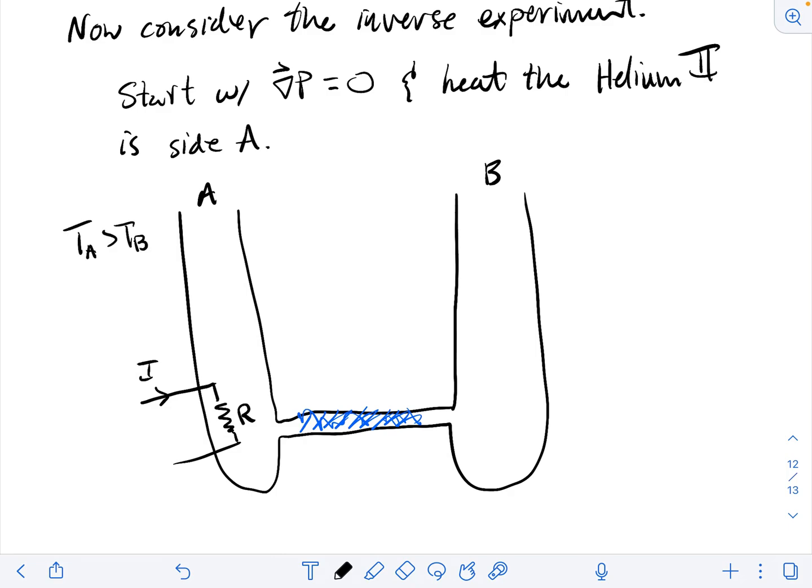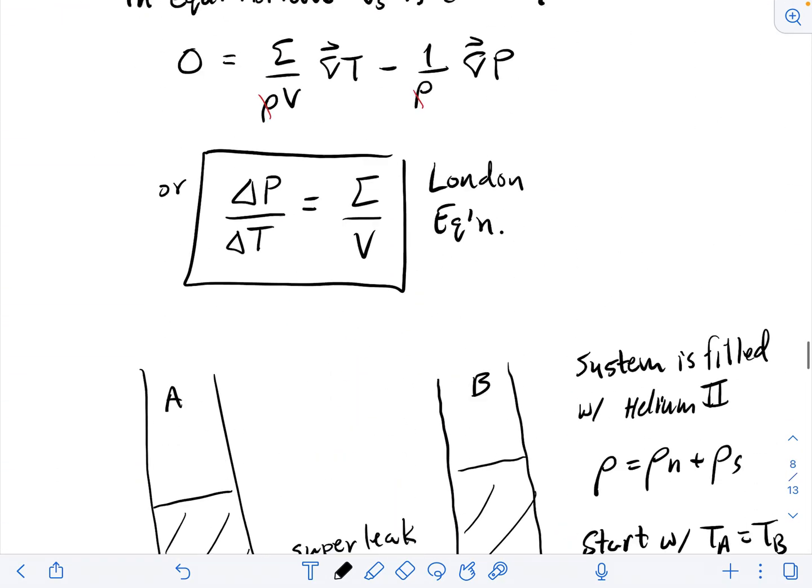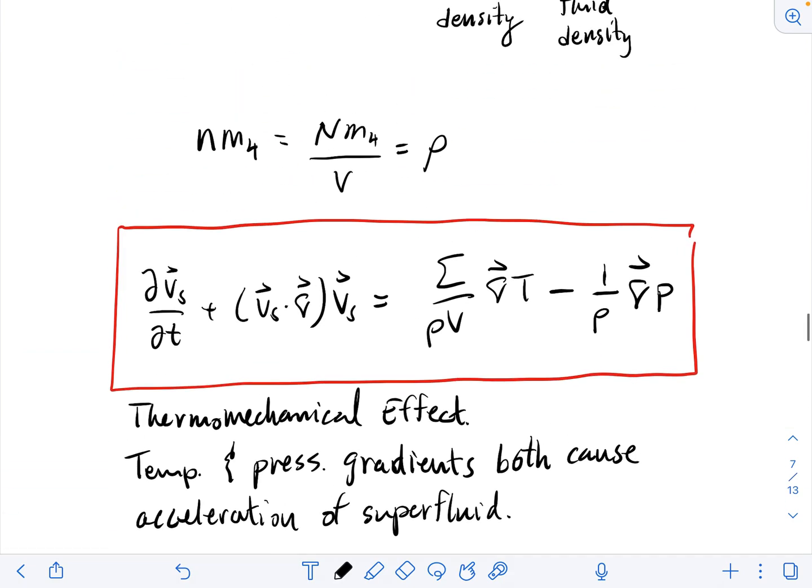And so what's going to happen is we'll get a temperature gradient that points from the low to high temperature. And from our equation of motion, we know that the acceleration of the superfluid is in the direction of the temperature gradient.